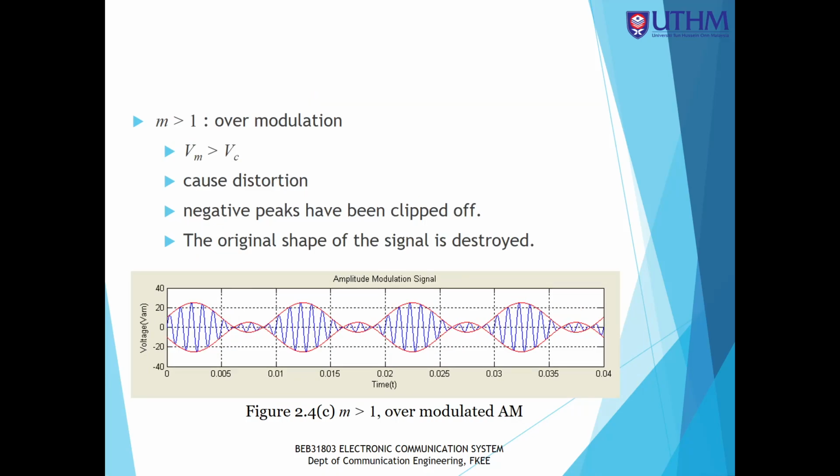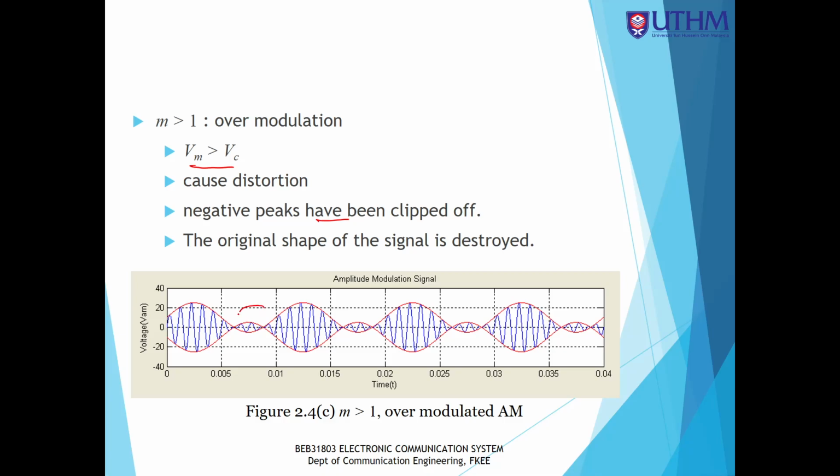The third scenario is what we call overmodulation, when M is more than 1. That means Vm is larger than Vc. This will cause distortion. The negative peak of the envelope has been clipped off. The original shape of the signal is destroyed. So how does the clip off look like?